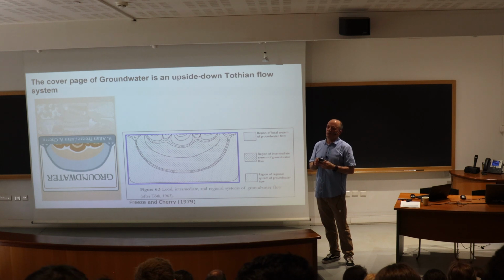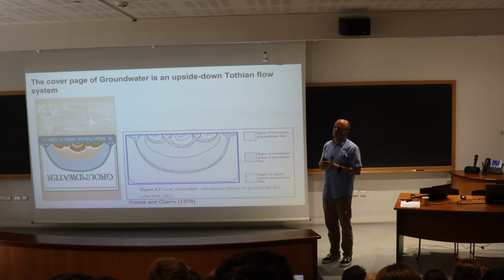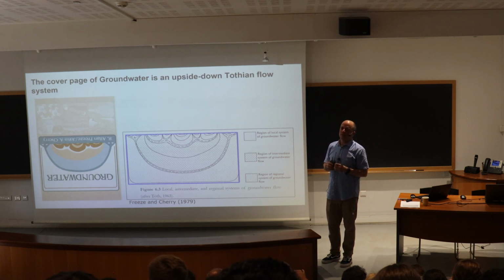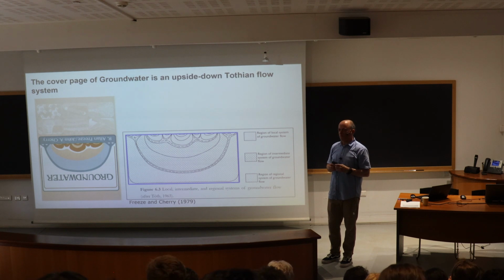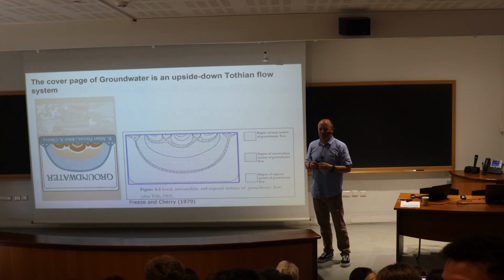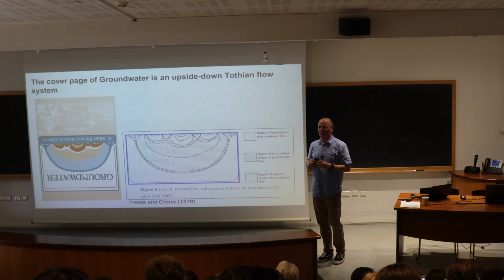That's why some people have developed relationships where you have Darcy's law, Q is equal to K times the gradient, but they will have an exponent for the gradient to account for the fact that there's no longer a linear relationship, and you get some turbulence as well. But that would be a very specific system in the karsts. I say fractured rock is not easy, but karsts are an order of magnitude more difficult. So I tend to stay away from karsts.